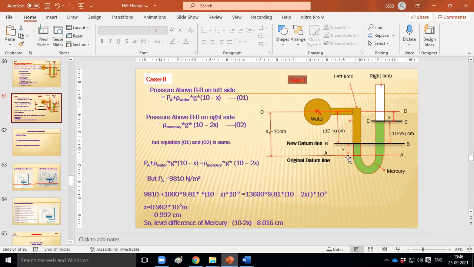Whatever the level of mercury that goes down, the level that goes up is the same. Why is it the same? Because the size of the U-tube is the same throughout, so the cross section area is also the same. Therefore, the level of mercury going down and going up is the same.